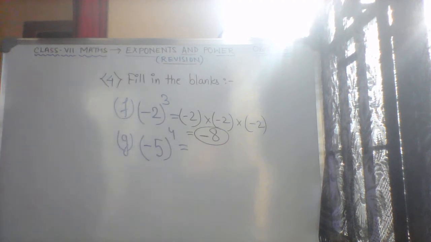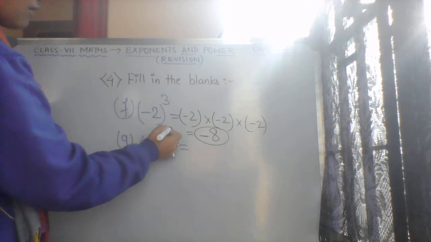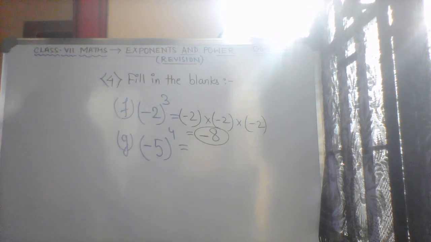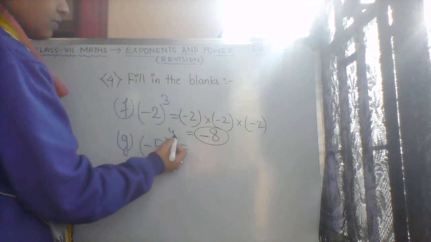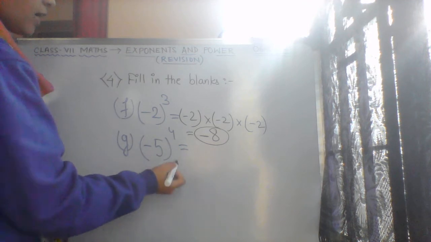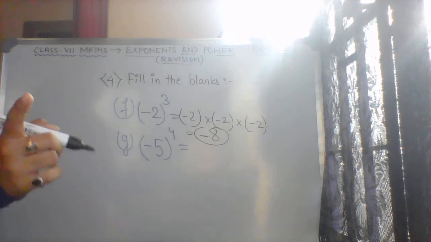Now minus 5 to the power 4. The minus sign is getting multiplied an even number of times, so the answer must come in plus.